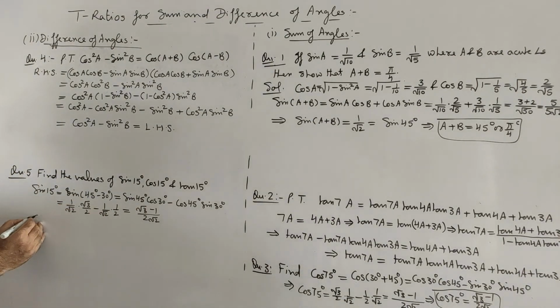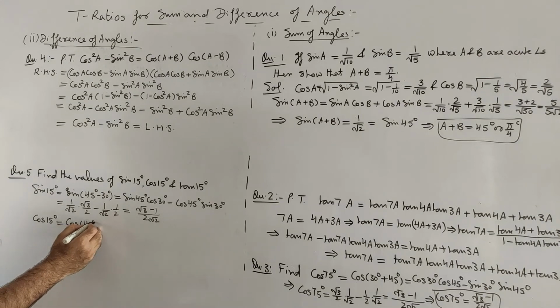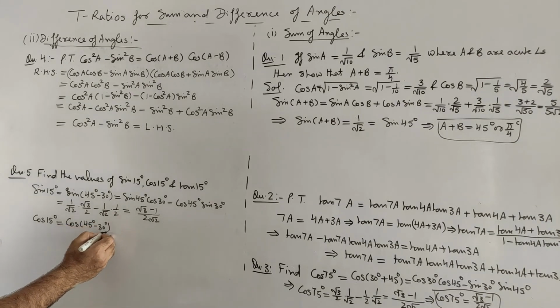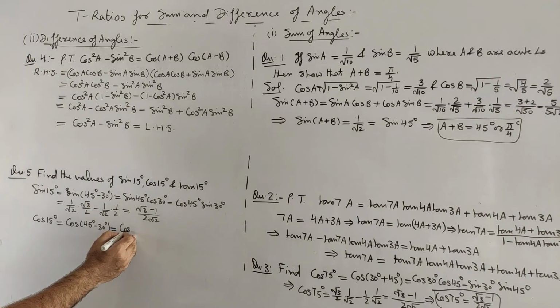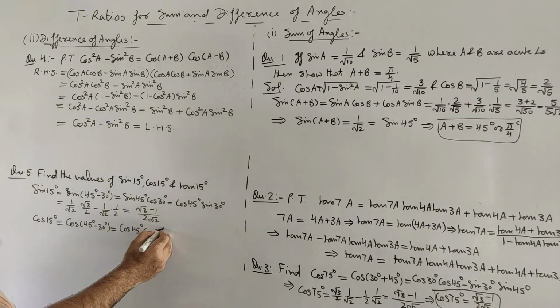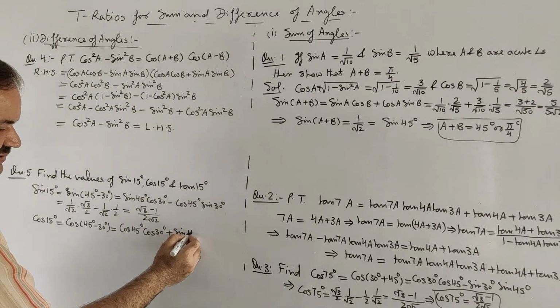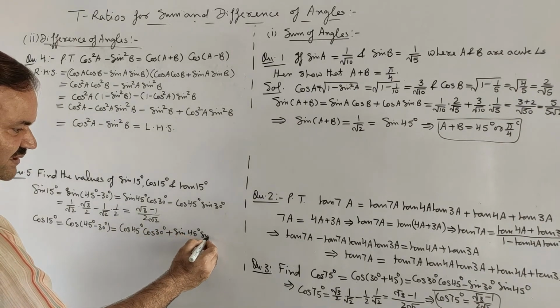Now cos 15 degree can be found as cos of 45 degree minus 30 degree, and will be cos 45 cos 30 plus sin 45 sin 30.